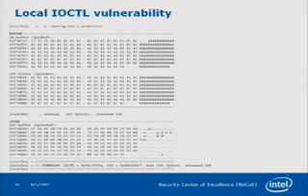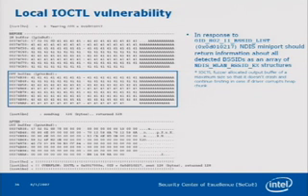And the local I/O control vulnerability example. I'm using the proprietary I/O control fuzzer here to send the BSSID list object identifier. In response to this object identifier, the wireless LAN driver should return information about all detected WLANs in an array of NDIS_WLAN_BSSIDEX structures.